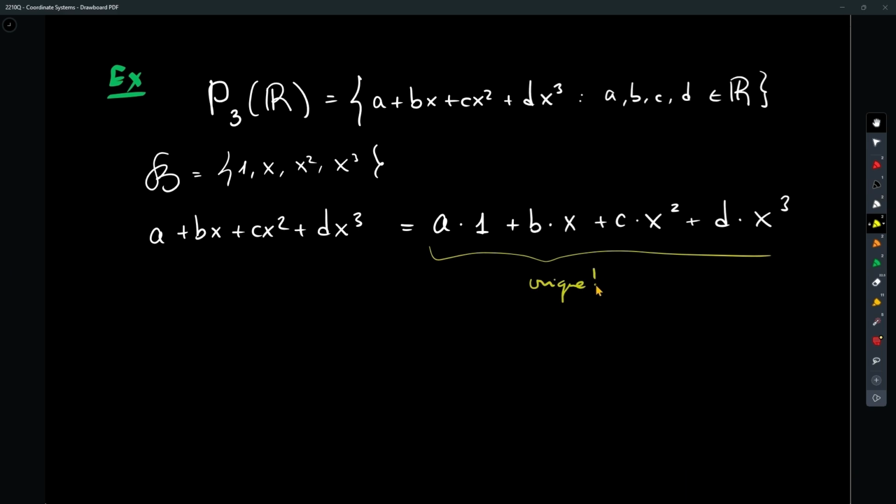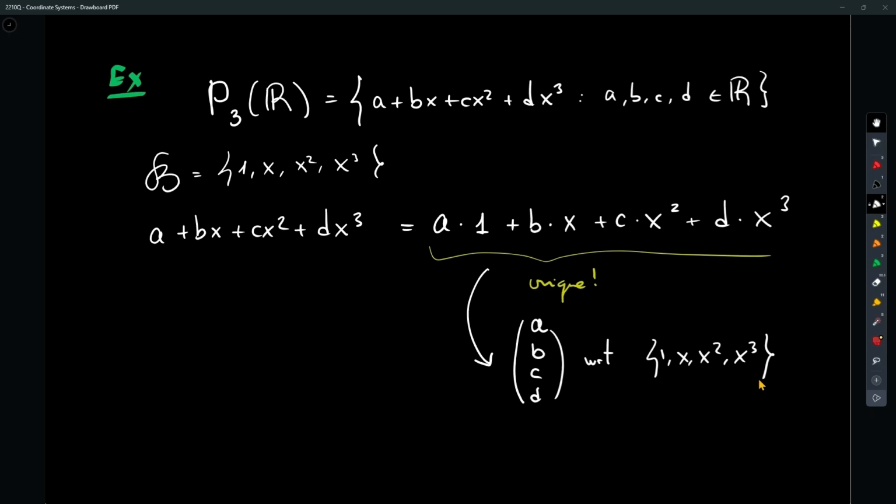And now if I have a different basis for this vector space, I would have a different expression, but the coordinates would be unique with respect to the new basis. So what I'm going to say is that this vector, in terms of the basis, is going to be the vector a, b, c, d with respect to 1, x, x squared, x cubed.